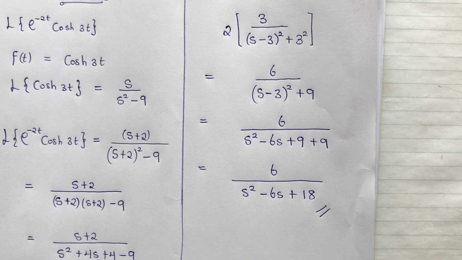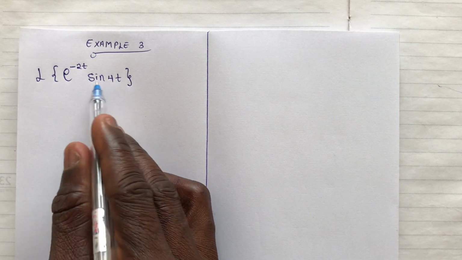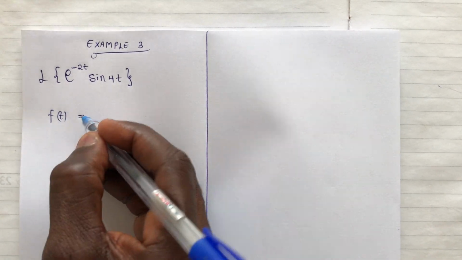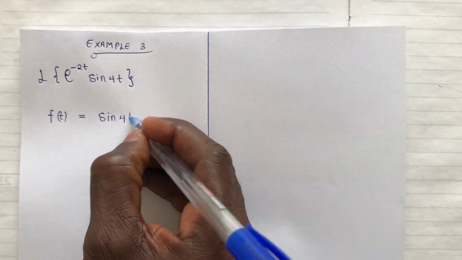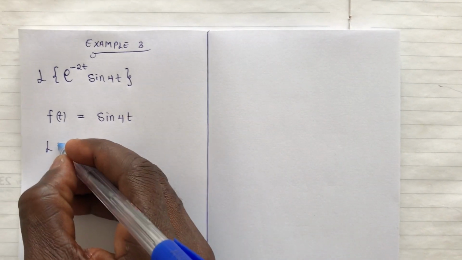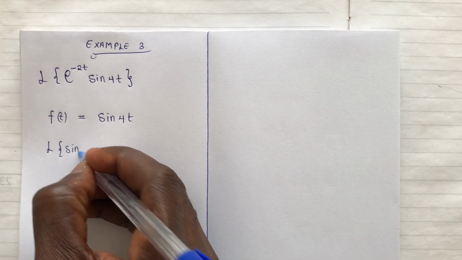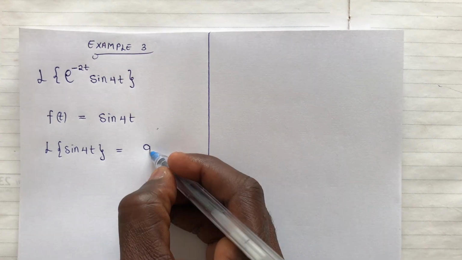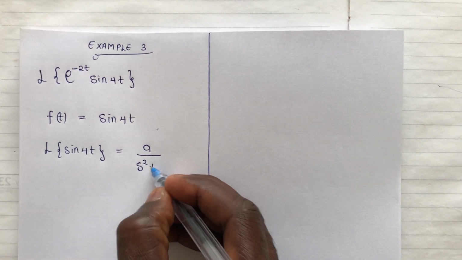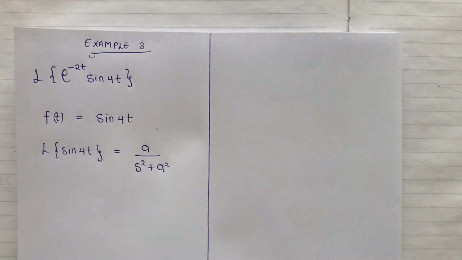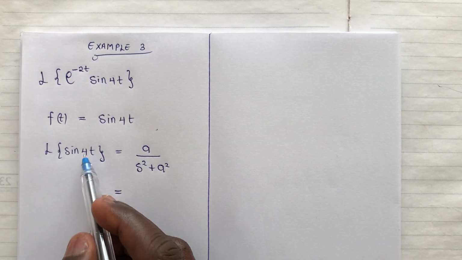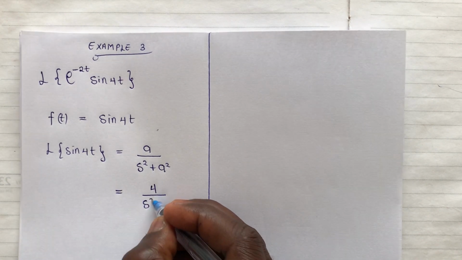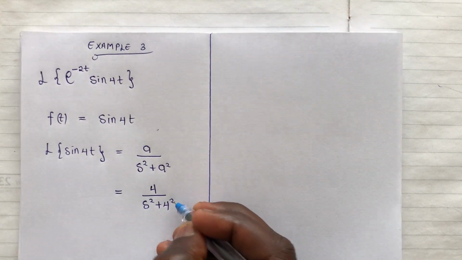Let's take the next example. So f of t is here. So we have f of t equal to sine 4t. The Laplace transform of sine 4t was giving us the result a over s squared plus a squared. And when we substitute the scalar 4, we have 4 over s squared plus 4 squared.